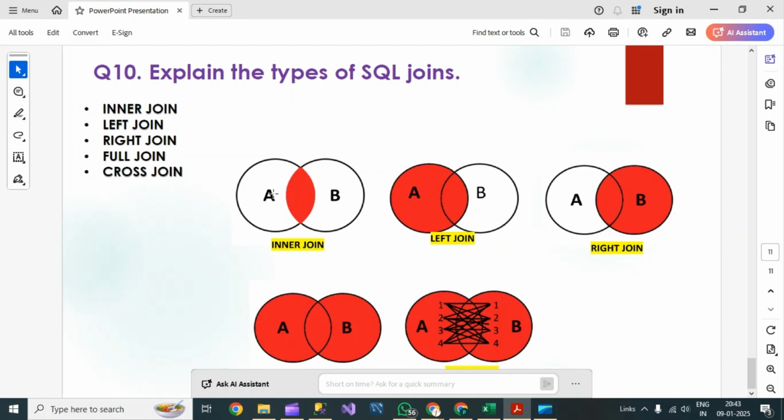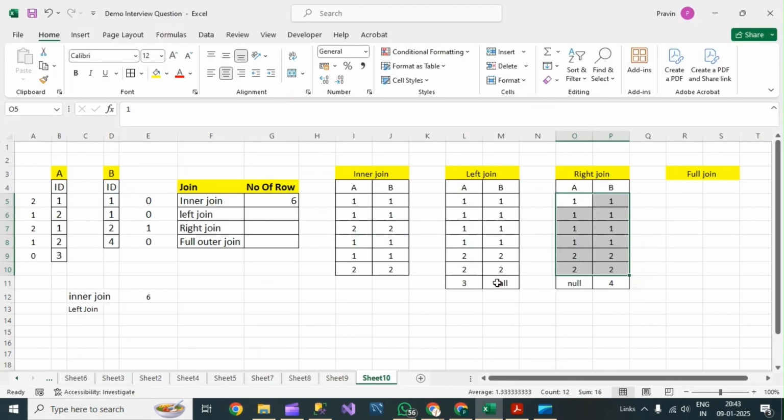If you combine the figures of inner join, left join and right join, you will get this image. It indicates that a full join is a combination of all three joins. Now I will explain how the full join works as per the operation.